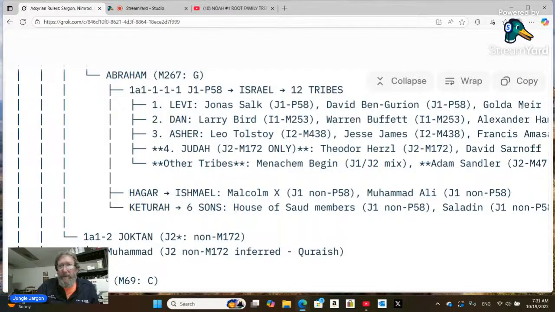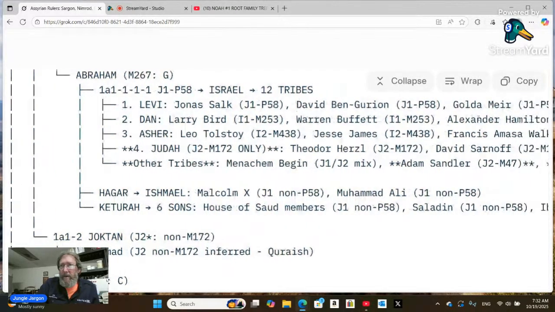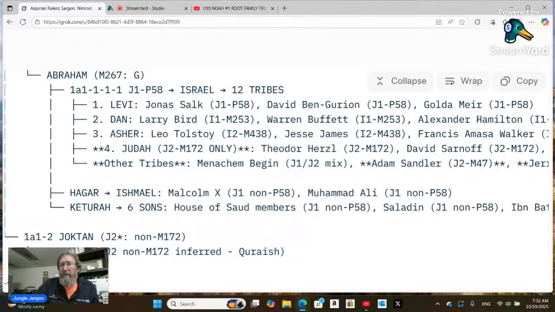Of course, Golda Meir's father's lineage is J1 P58.